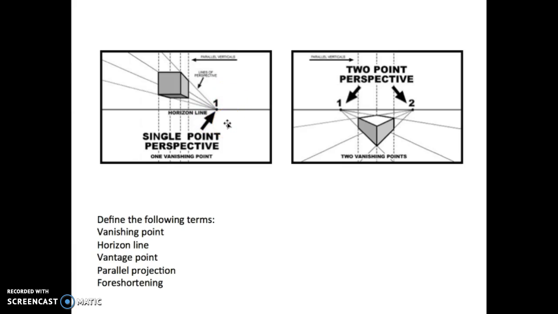So the vantage point is where the viewer is standing. And the viewer is standing on the opposite side of the vanishing point. The vanishing point is where all of the diagonal lines recede. This is the point to which all of the diagonal lines recede.